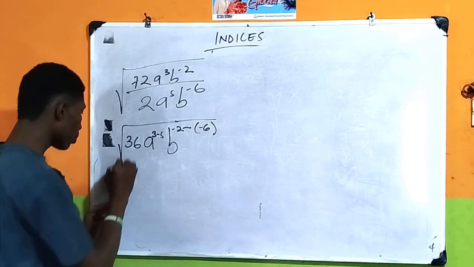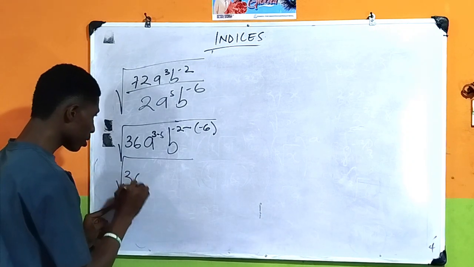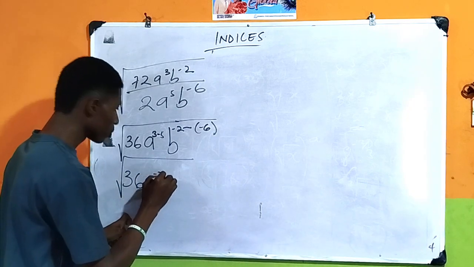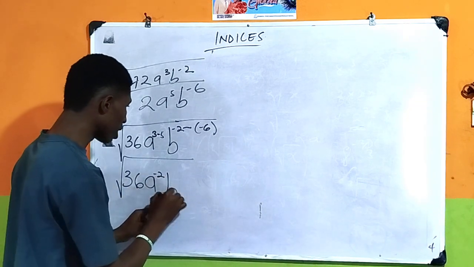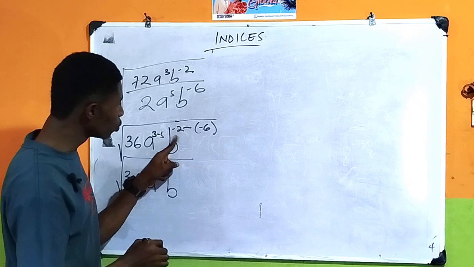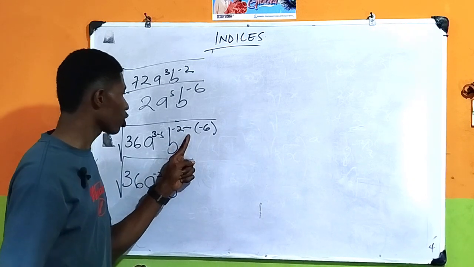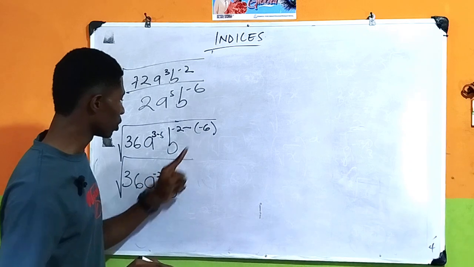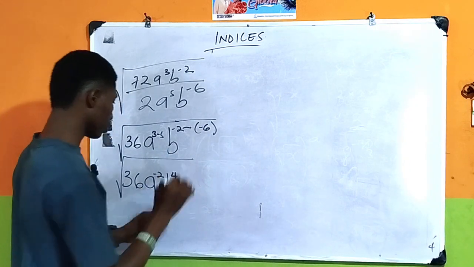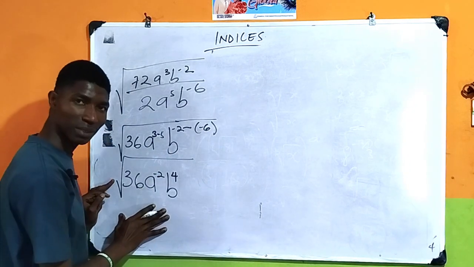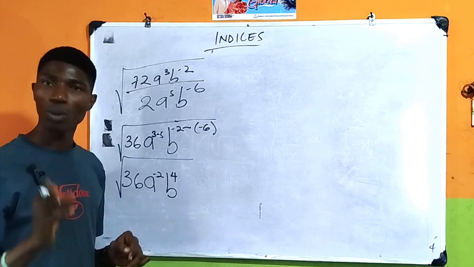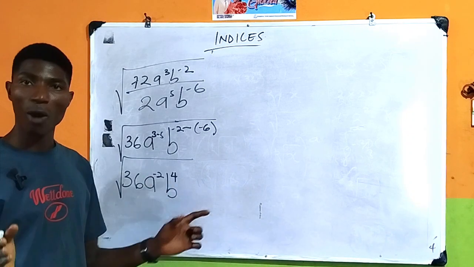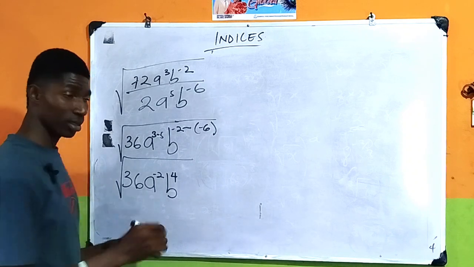So I have square root of 36 a power 3 minus 5, which is minus 2, and b power minus 2 minus minus 6. Minus times minus is plus. So minus 2 plus 6 is 4.